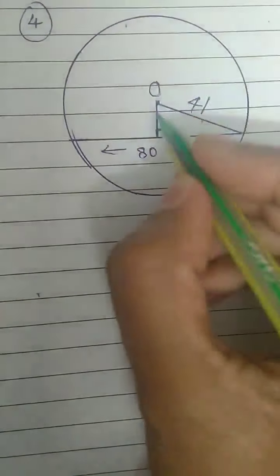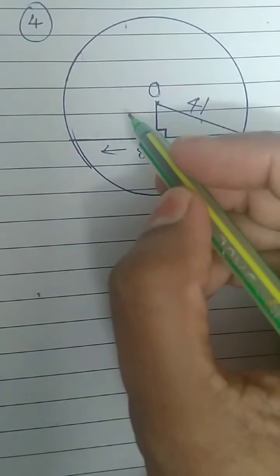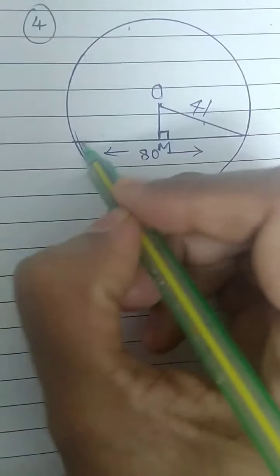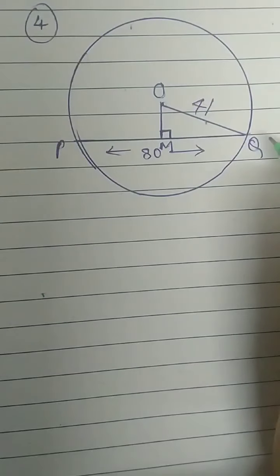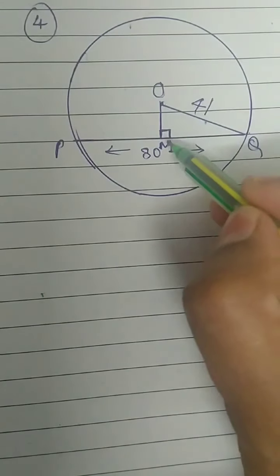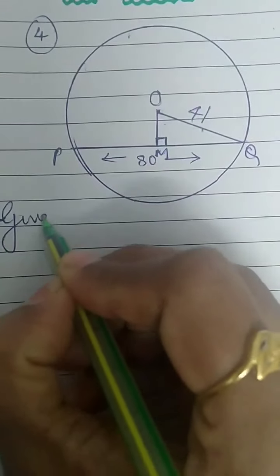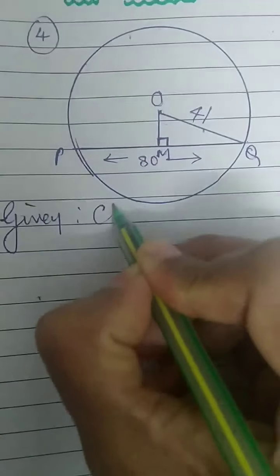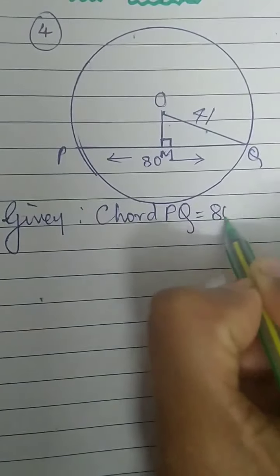Let us name this perpendicular as OM. They have given the name of the chord as PQ. Find the distance of the chord from the center of the circle is the question. So let us write given: chord PQ is equal to 80 units.